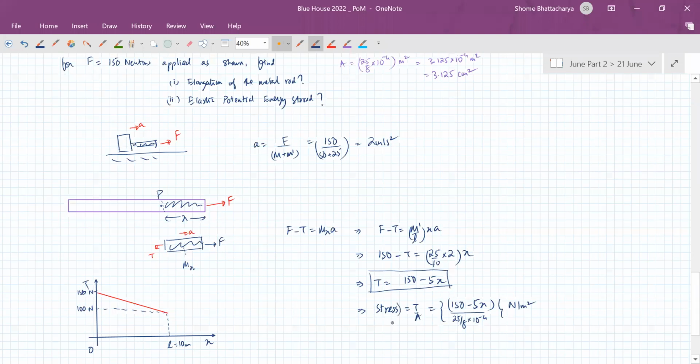The stress at a point at x from the right end of the rod is given by this formula.